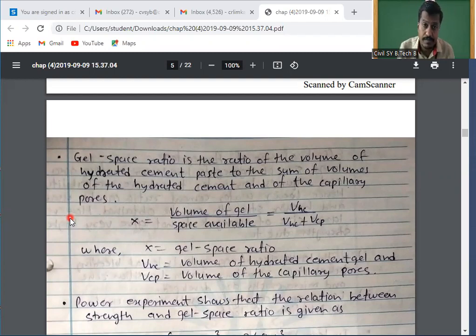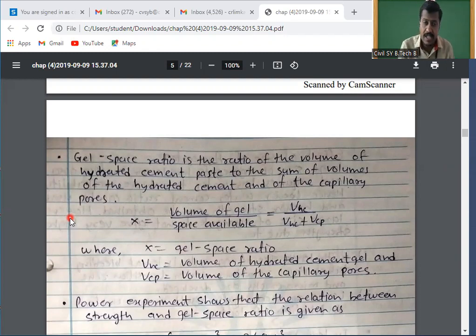Due to the hydration process, cement will start gaining strength and try to harden. During this phase, whatever voids are there also play a vital role in the hydration process as well as in gaining strength. Definitely there are some voids present in the cement particles.